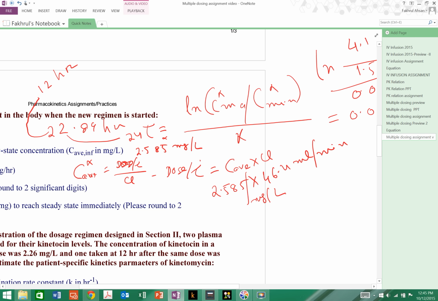So you have to convert milliliter per minute to liter per hour, and then it should give you 7.1 milligram per hour. So this would be your dosing rate.